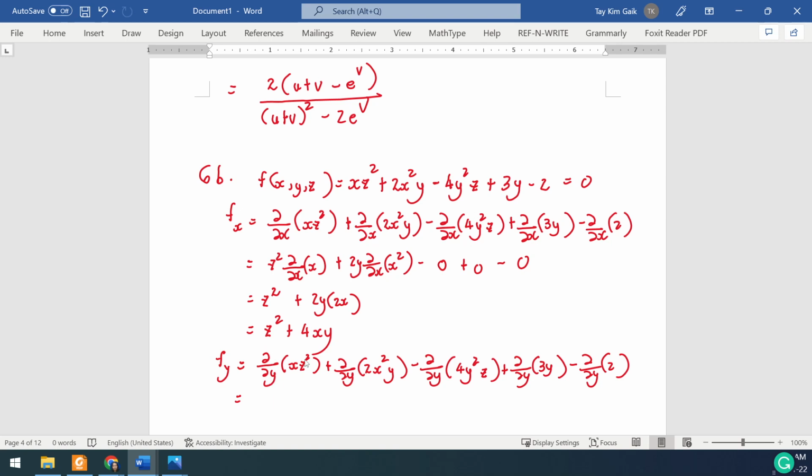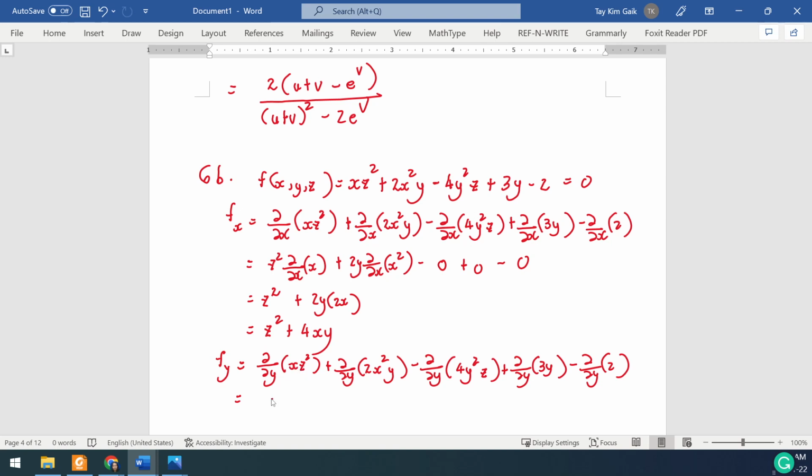Tanesh, first term, del y of xz squared, where xz squared is constant, so what do you get? When you del y, x and z are constant. Differentiate a constant, what do you get? Two x.